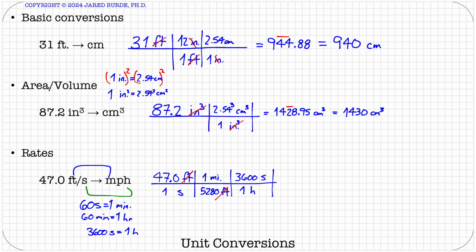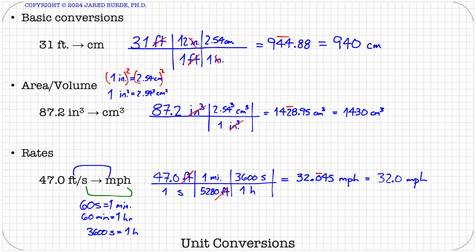And I can get rid of the rest of my railroad line there. And I end up here with .045 miles per hour. I had 3 significant figures, and so I'm going to round that to significant figures there as well. This will be 32.0 miles per hour.